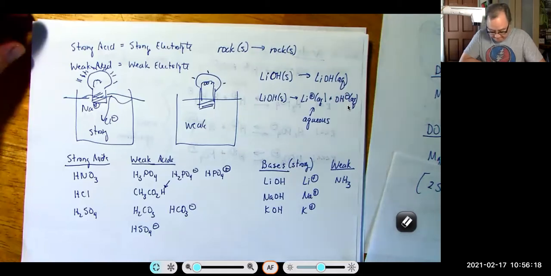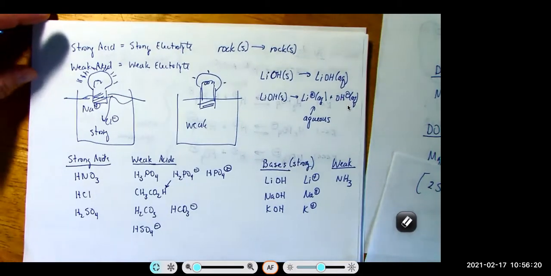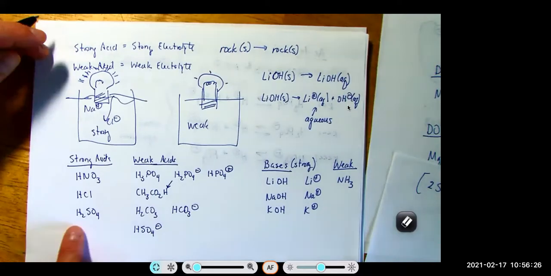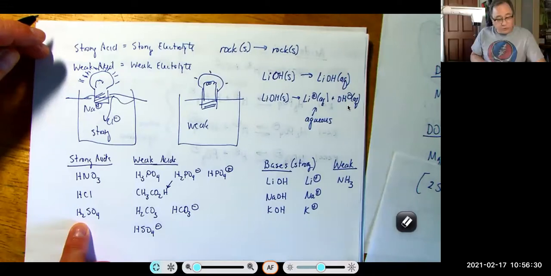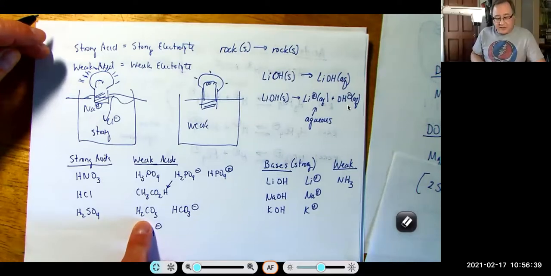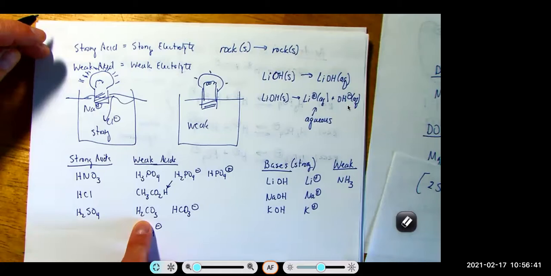What about then? The only one I see that has two hydrogens that I wrote down for strong acids is sulfuric acid. Then where else would we see that? If it has one extra H to get rid of. Right here, H2CO3. And then it just becomes the weaker acid.